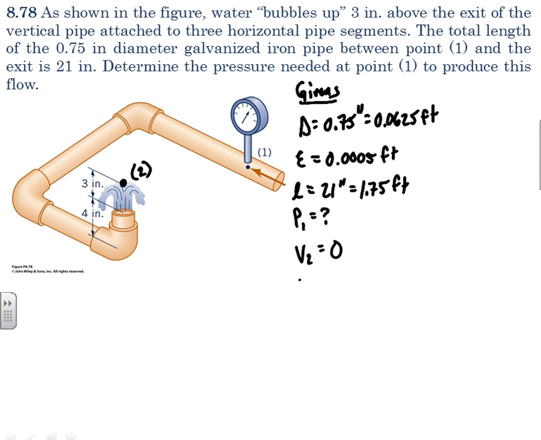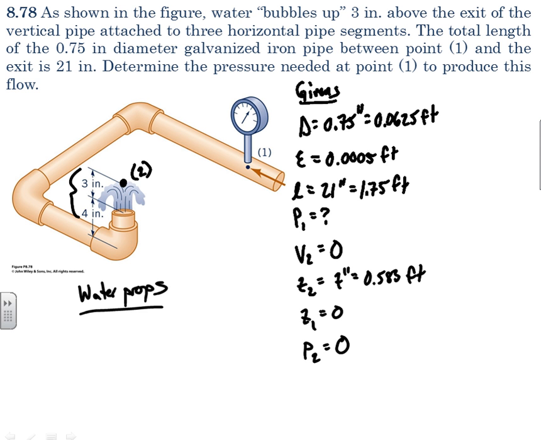Then I can define Z2. The height there is going to be the 7 inches, and that's 0.583 feet. Z1 is therefore equal to 0 by my convention. P2 is equal to 0. It's open to atmosphere.